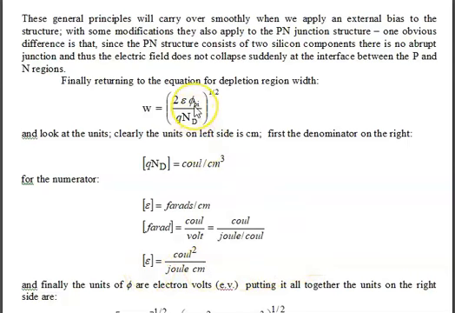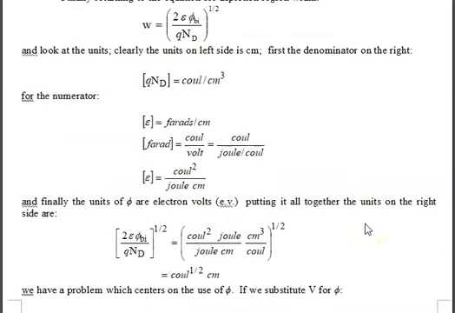And now the last thing is the band bending, and the band bending is in electron volts. Could be joules, that's the basic unit, but we measure it generally in the energy band diagram in electron volts.